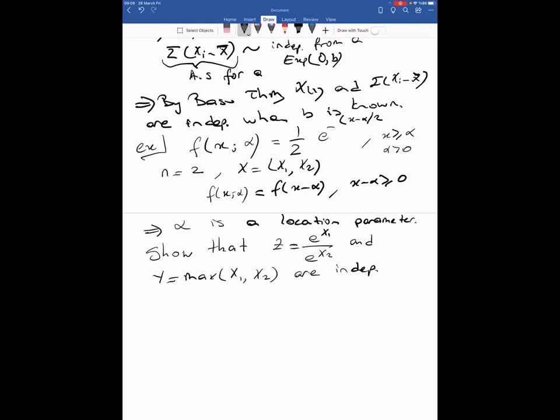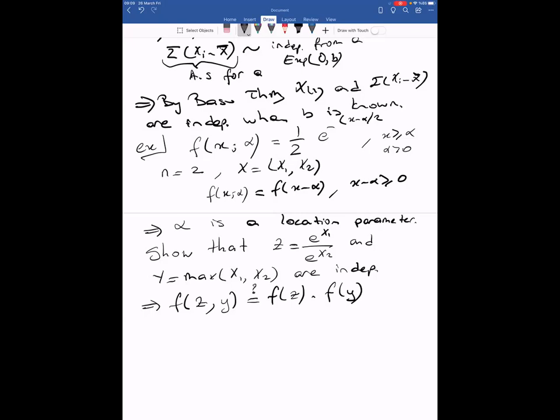For this type of independence question, there are two options actually. The regular option is to consider the joint distribution of Z and Y, and then show that this can be written as a multiplication of the two marginals. If this can be written, they are independent.